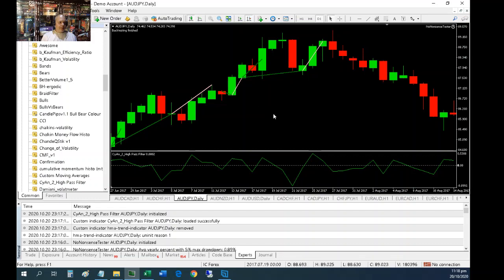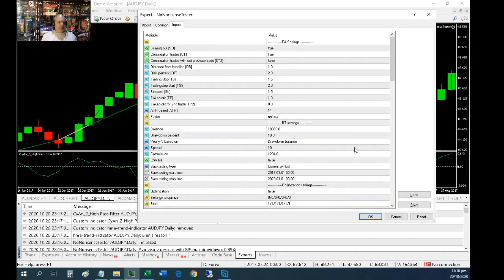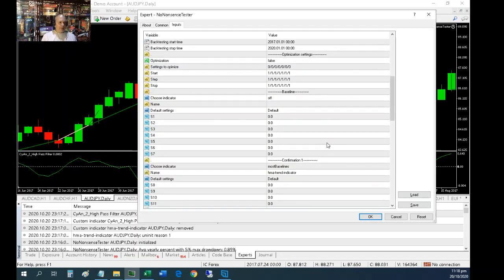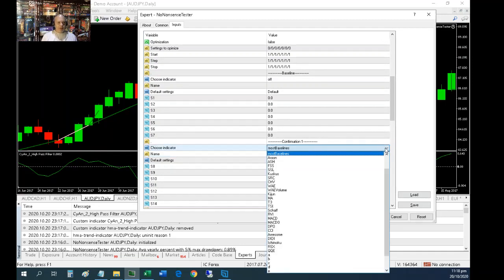So let's move it forward, and we'll put in the name of the indicator. Here again, we're testing for a confirmation 1 indicator. Be sure to change the indicator type. So this is now a zero line cross.